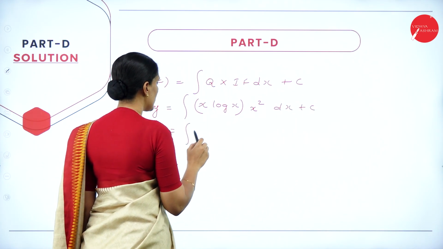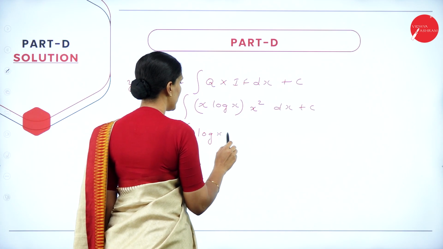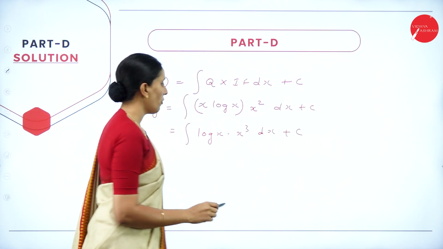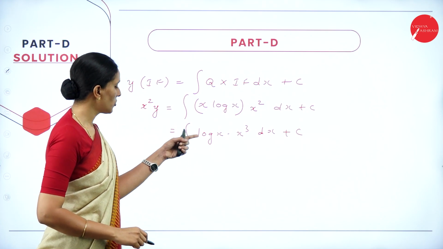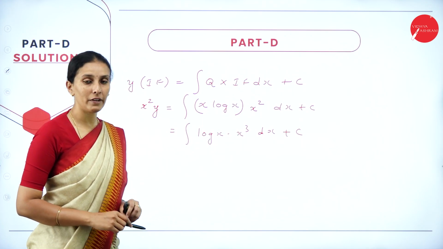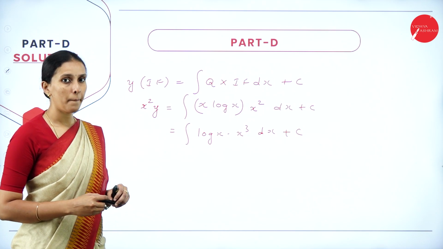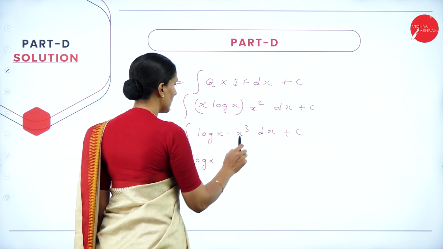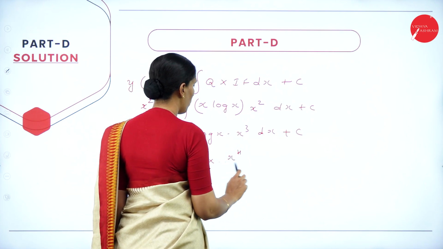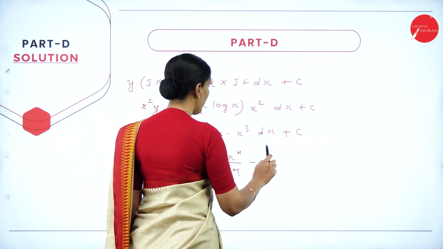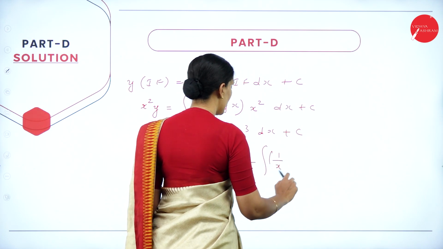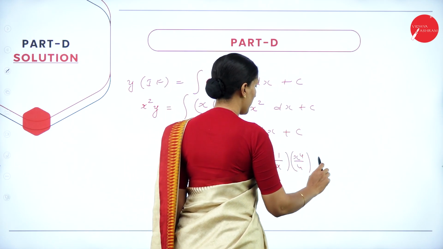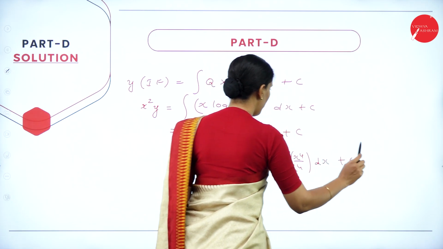So we can write this integral as log x into x cube dx plus c. So now here we have two functions, log and x cube. So here we can apply the integration by parts. So first function, integral of the second, x power 4 by 4, minus derivative of log, 1 by x, again integral of the second, x power 4 by 4 dx plus c.